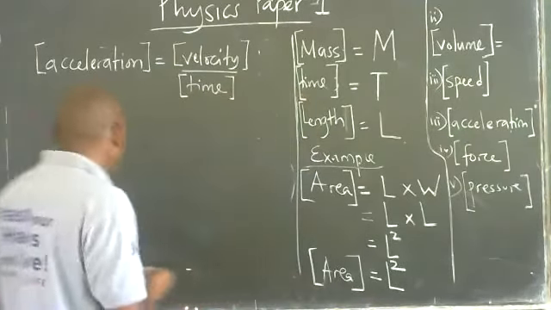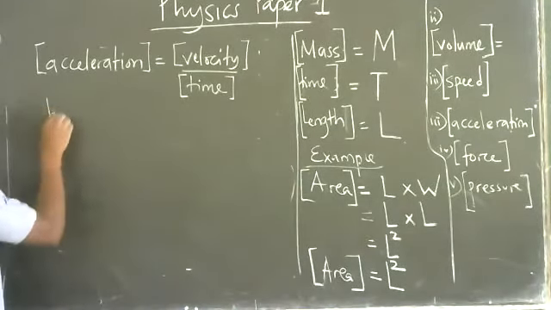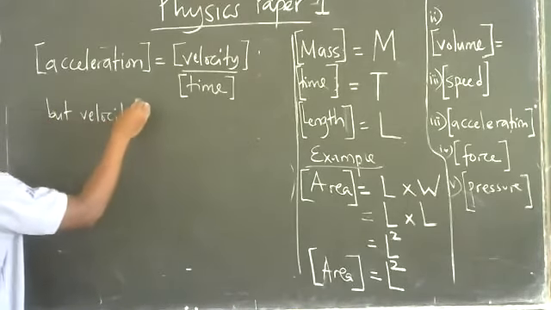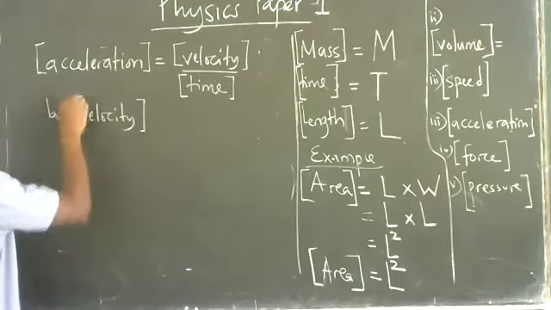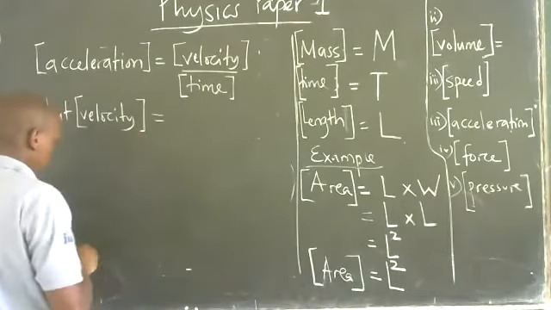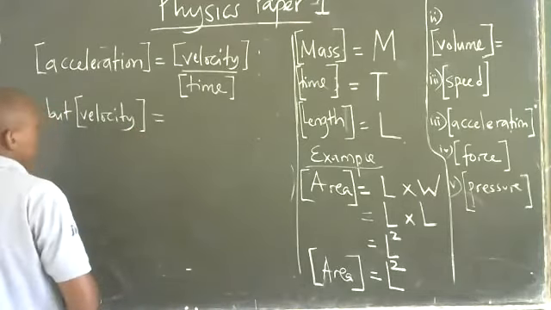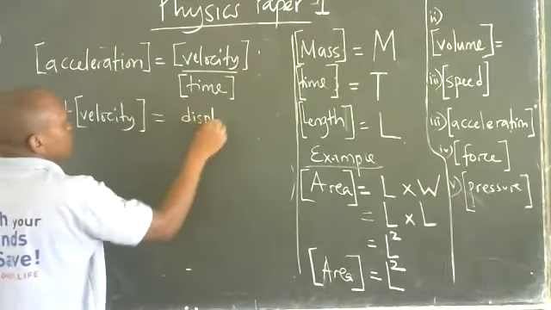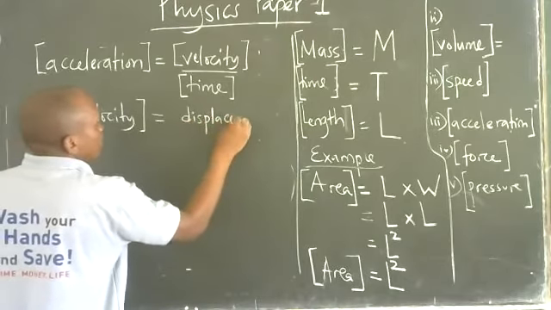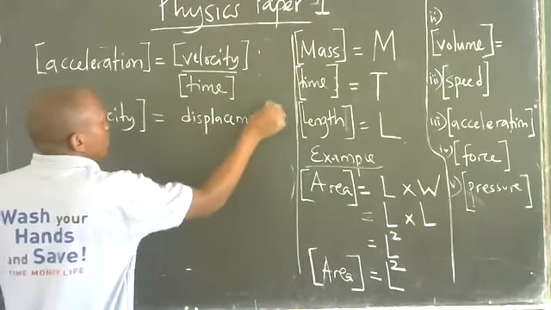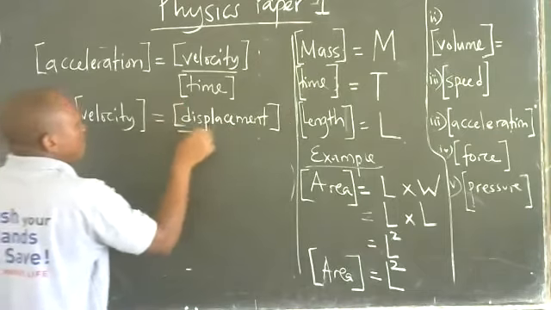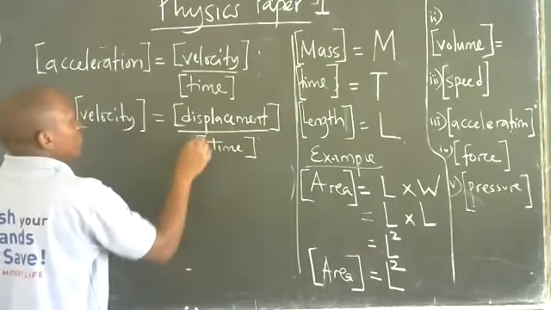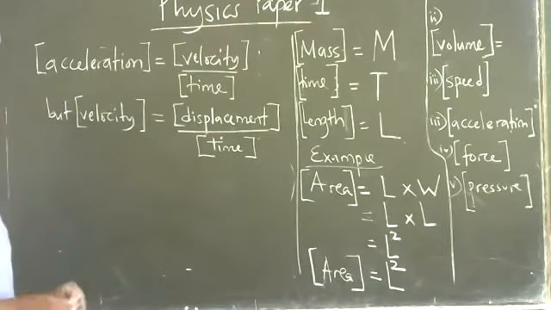But velocity is the same as speed. Velocity is equal to displacement over time. That is velocity.